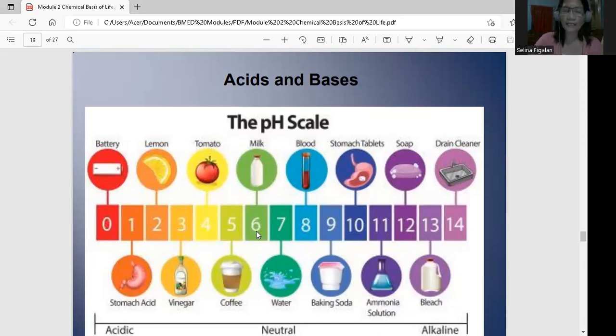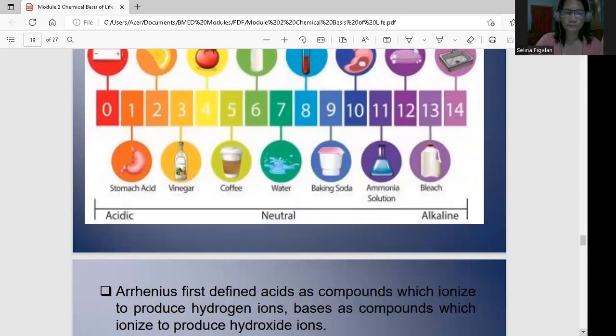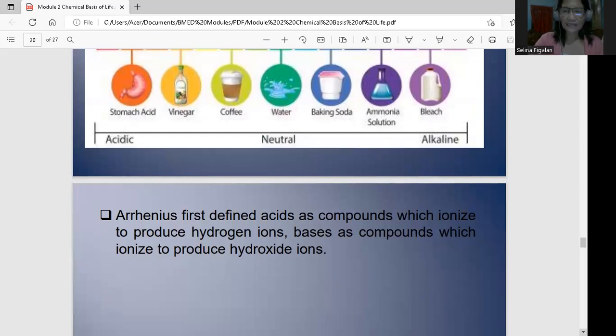That is how it is when you are in the laboratory. I will explain that later, because I am still studying how to fit it in. I wonder why these acids and bases are included in the ionic inorganic compounds. According to Arrhenius theory, acids are defined as compounds which ionize to produce hydrogen ions.